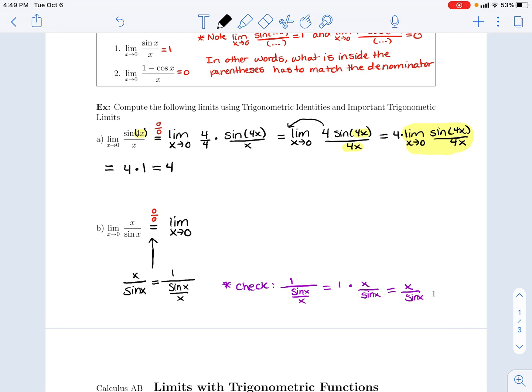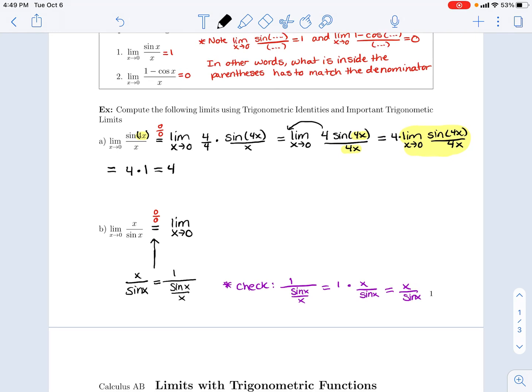Okay. So from here, I'm going to say, well, then this is the limit as x approaches 0 of 1 over sine x over x. Okay, and so now, why was this important to me? This might not have been completely obvious here. Because what I'm going to do is I'm actually going to use another property of limits here.